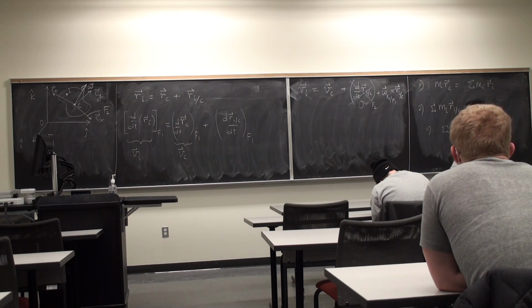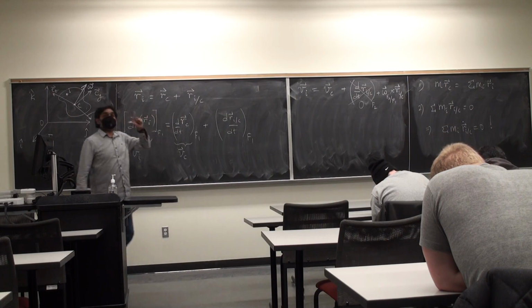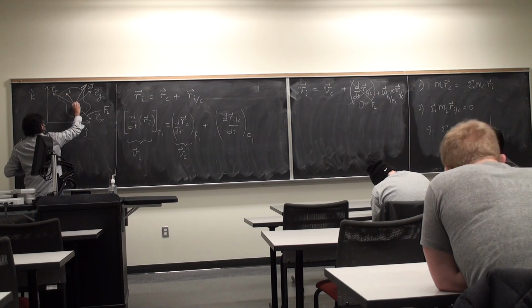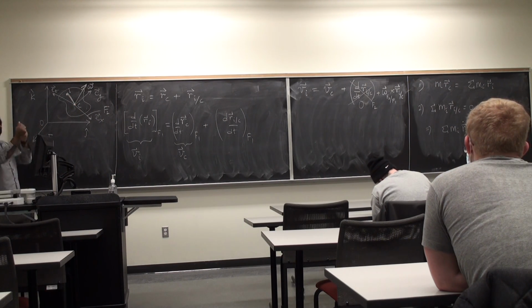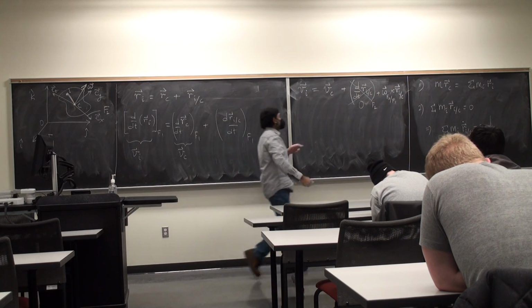Okay? But if I'm sitting in an inertial frame and looking at that distance, even though it will not change in size, it will not change in magnitude, that is still a vector that is rotating, and so the rotation of that quantity is what you are seeing here as the omega cross r.